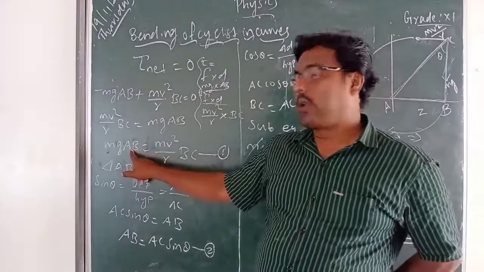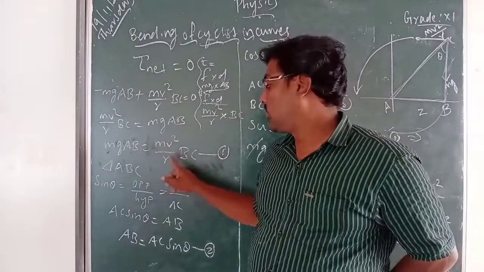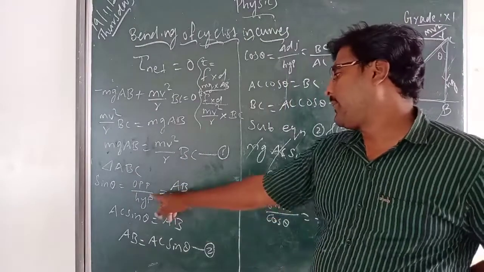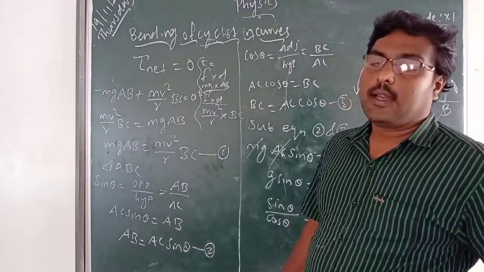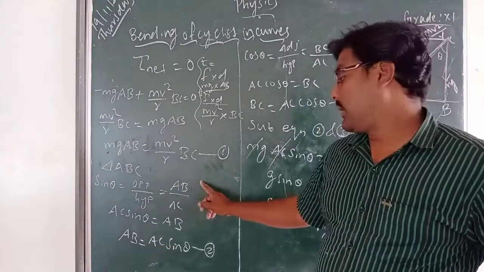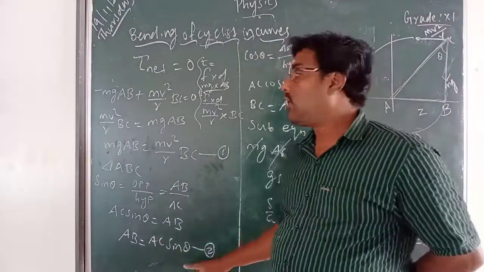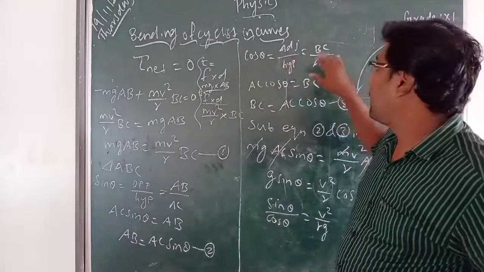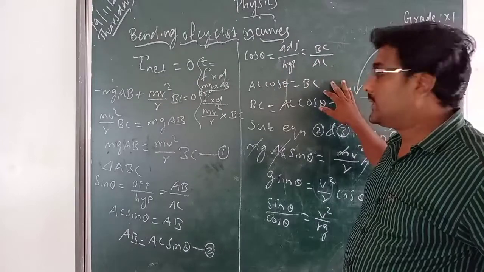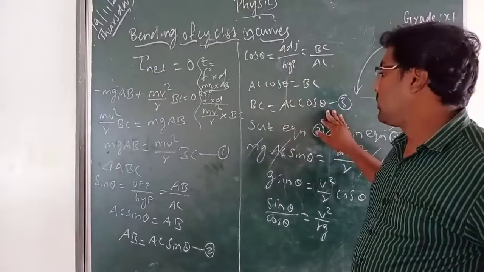Then you have to find the AB and BC values. For that we take triangle ABC. Sin theta is opposite side by hypotenuse, so AB equals AC sin theta. Cos theta is adjacent side by hypotenuse, so BC equals AC cos theta.